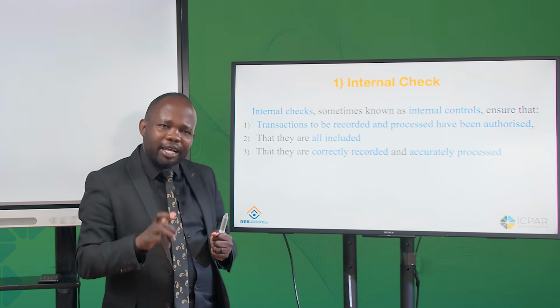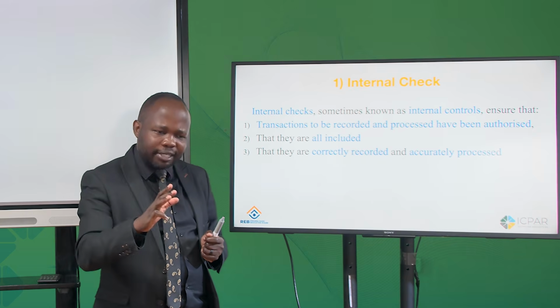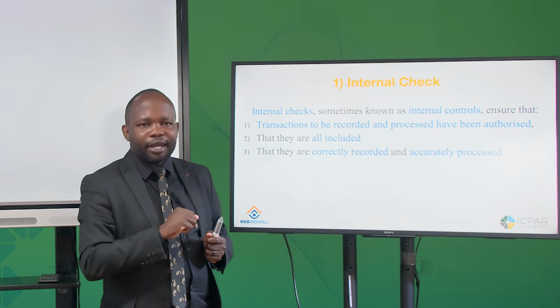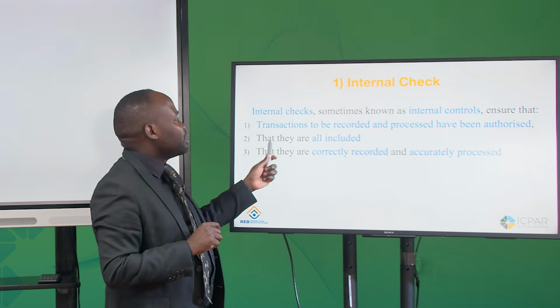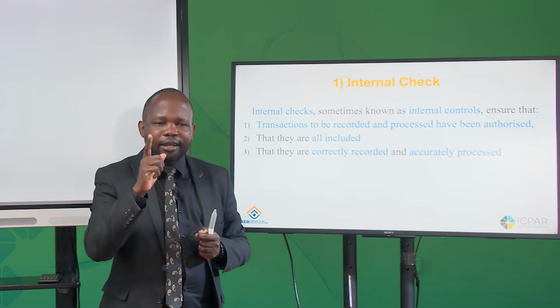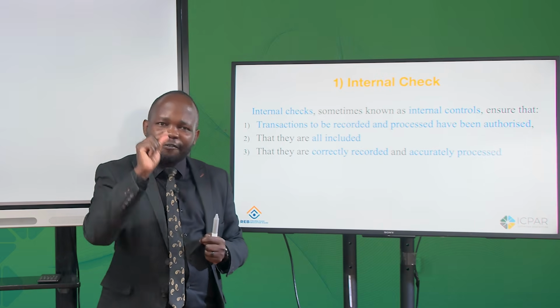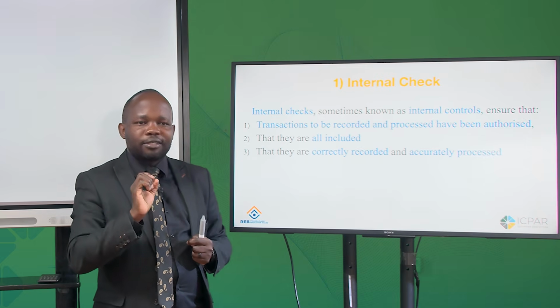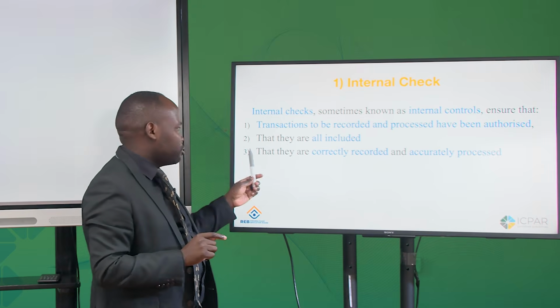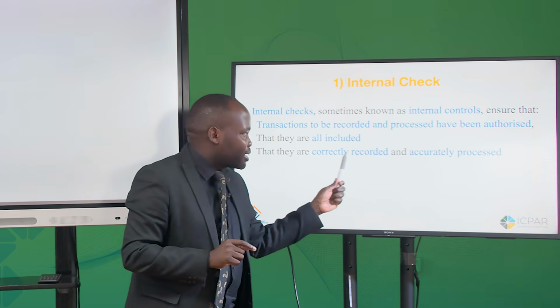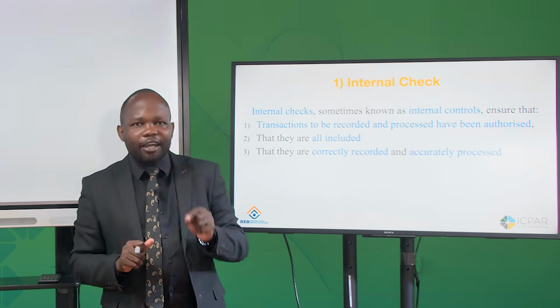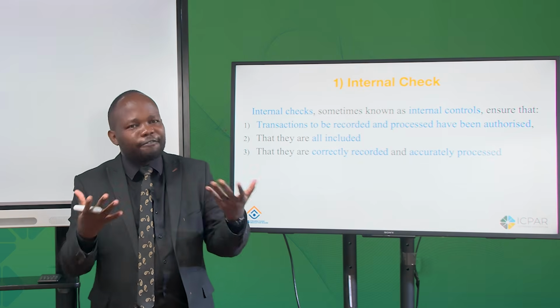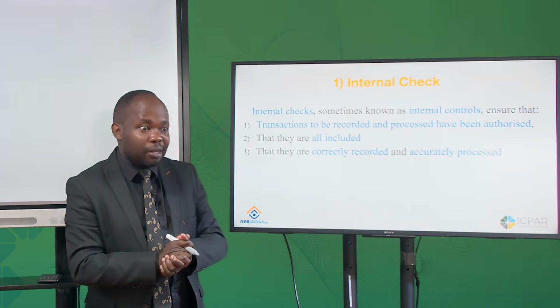So to ensure that every transaction to be processed has been authorized. Number two, that they are all included, that you have accounted for all transactions. That they are correctly recorded and accurately processed to avoid some fraud and some errors that may be there.